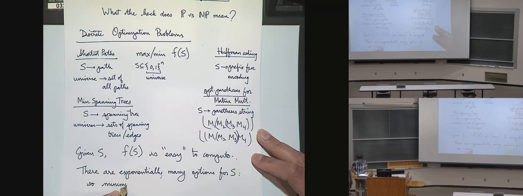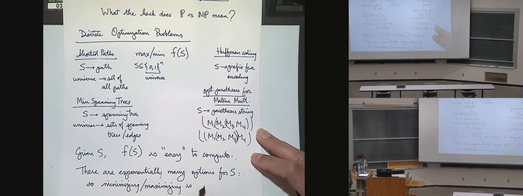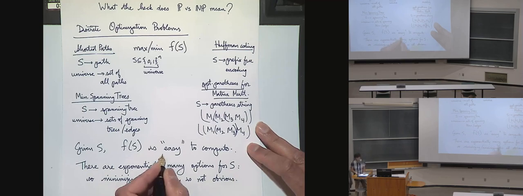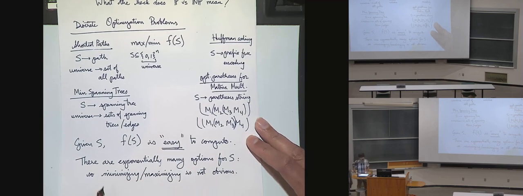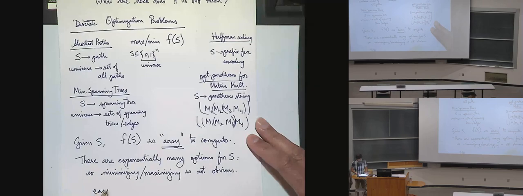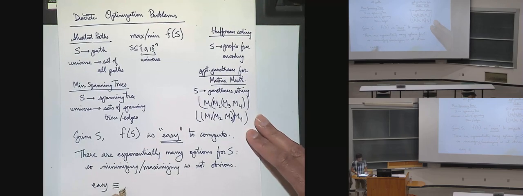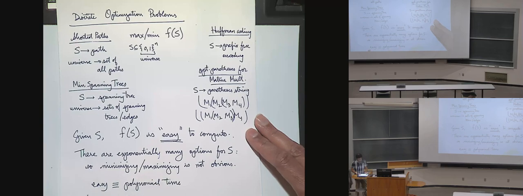so minimizing or maximizing is not obvious. And so typically when I mean easy, I usually mean polynomial time.